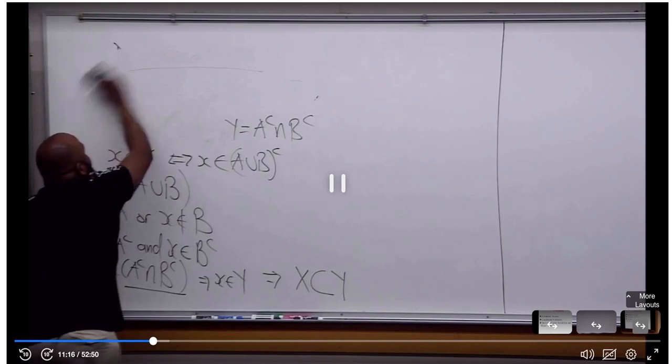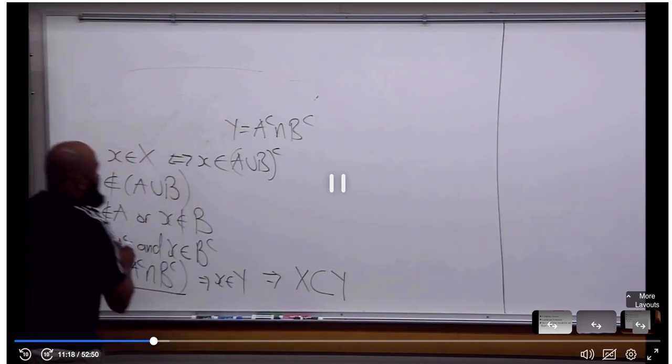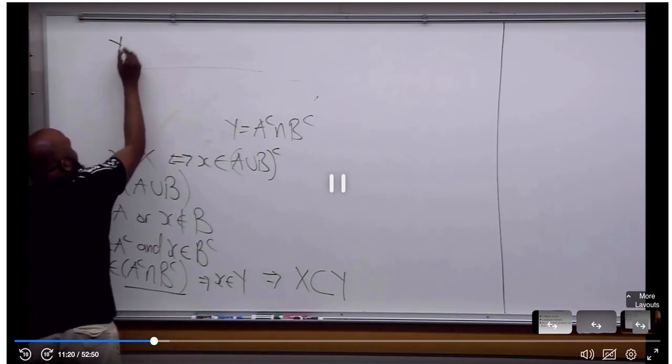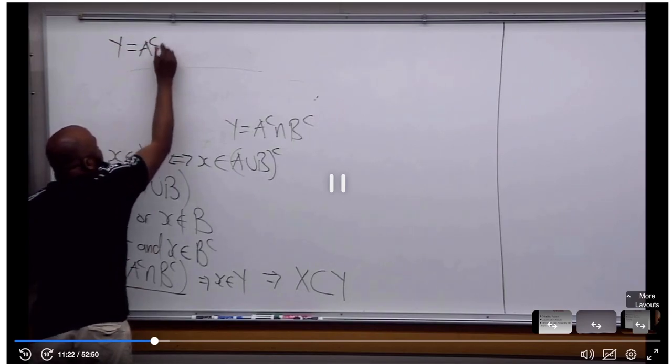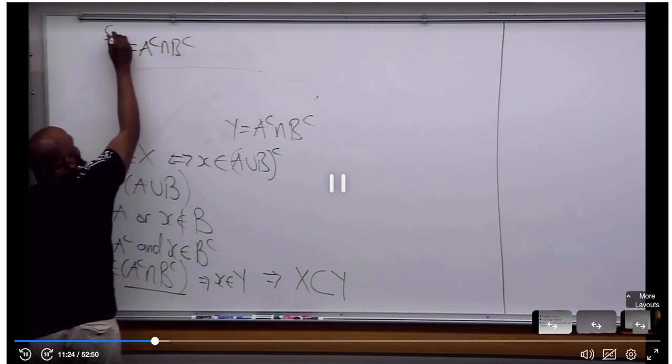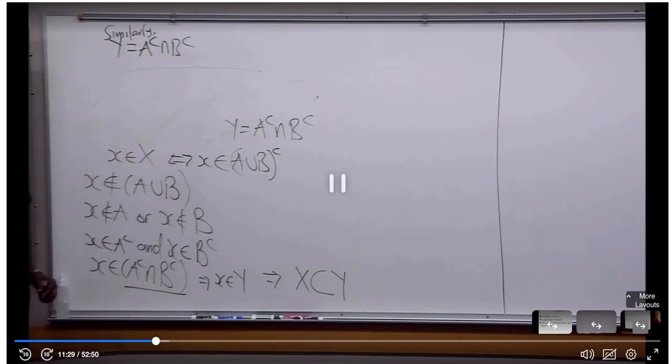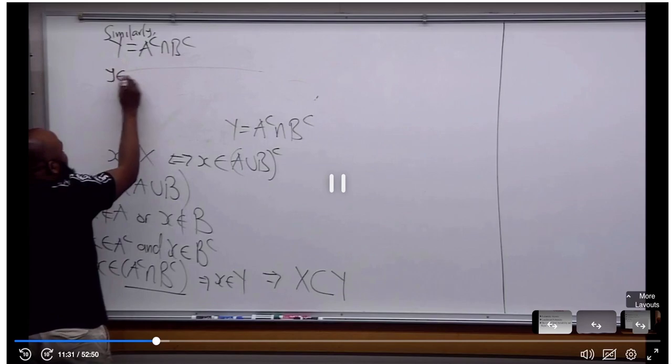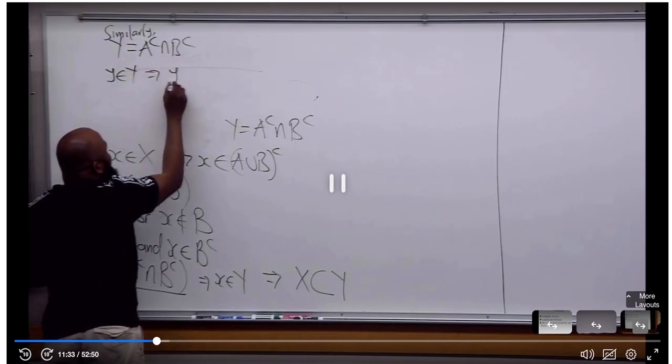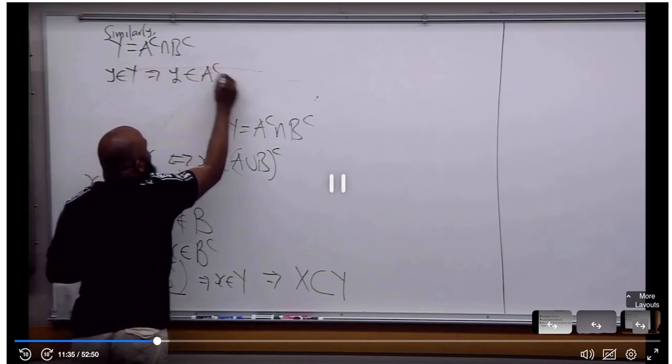I should not forget Y equal this. So I'm going to say similarly, Y equal to that. So if this lies in this, it implies this lies in A complement intersection B complement.